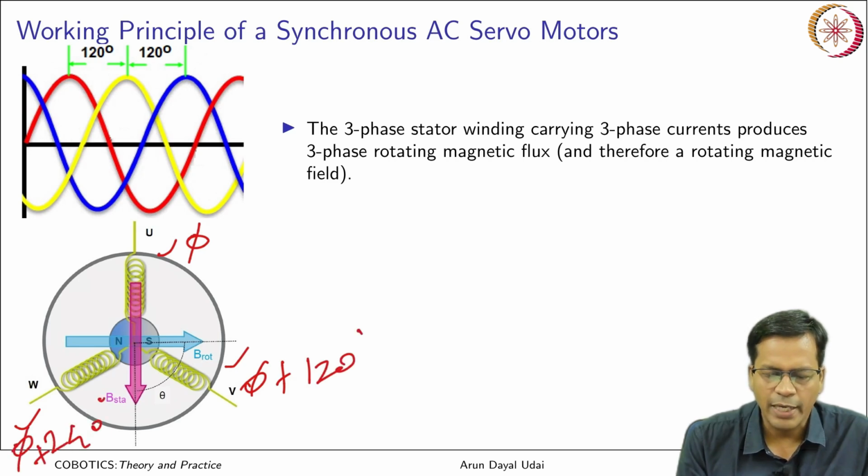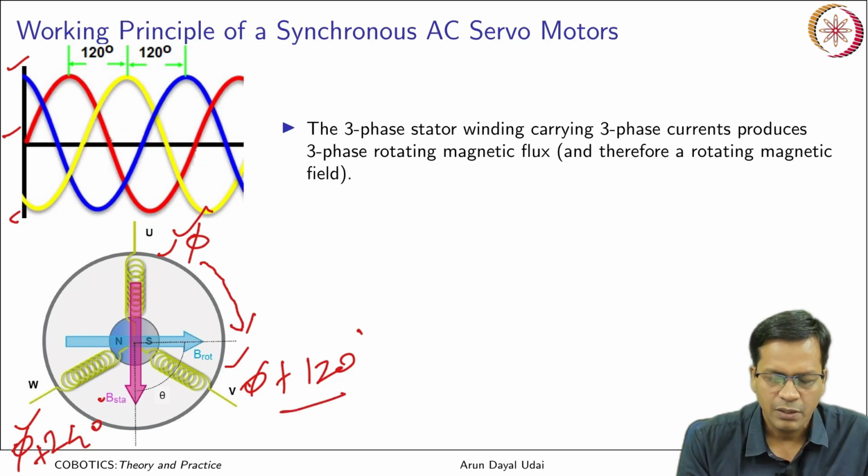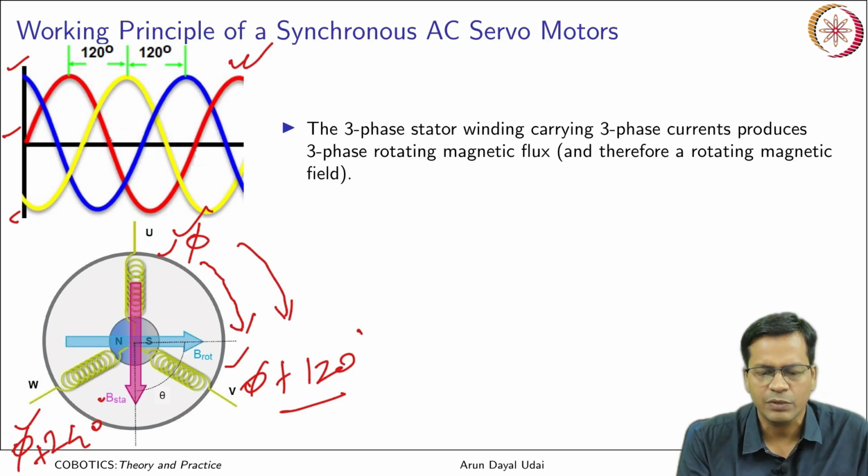So it creates a three phase supply like this, and this will gradually rotate the magnetic field like this. If this coil is energized, the next coil is fully energized after 120 degrees. That means this magnetic field rotates at the frequency of the three phase electricity which is supplied.